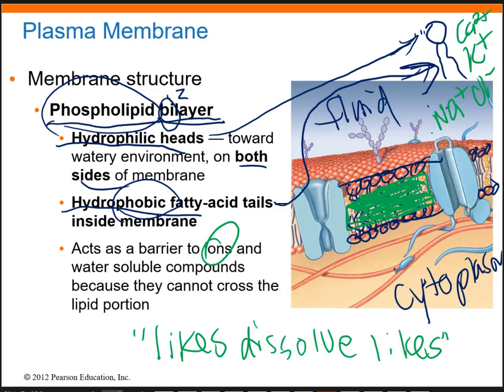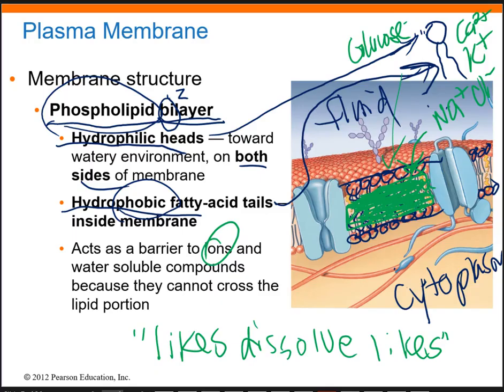So they will not simply cross through this plasma membrane because they don't want to come in contact with those lipids in the middle. So they just won't do it. The same thing goes with other larger compounds that are polar, like water. So water or glucose, for example, has slight charges to it. So it will not simply cross through the plasma membrane because it doesn't want to go through all of those lipids. It doesn't like lipids.